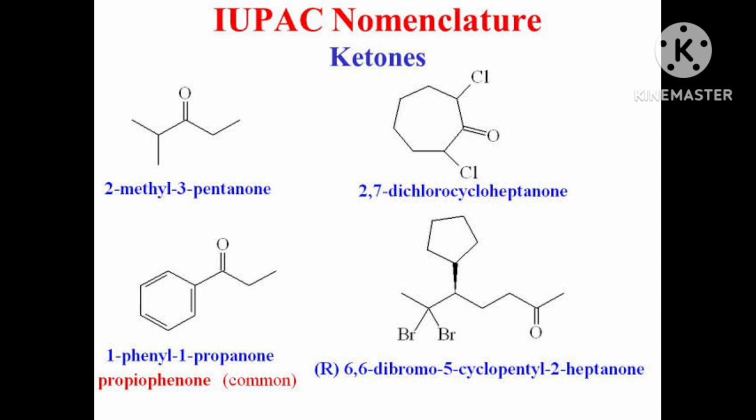That's why you can say 2,4-dimethylpentan-3-one, because at carbon number 3 the C double bond O is present.